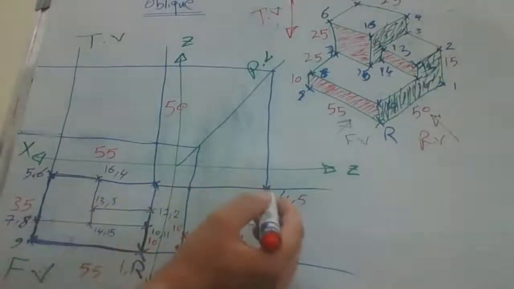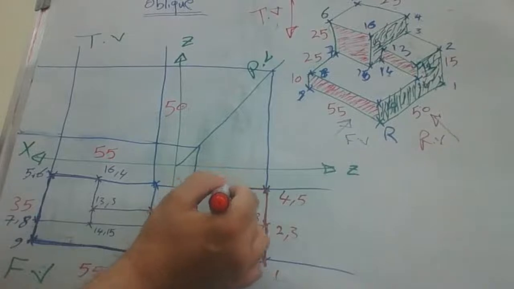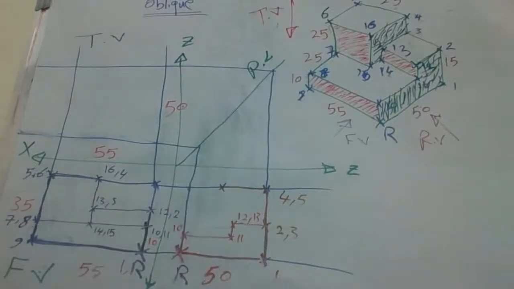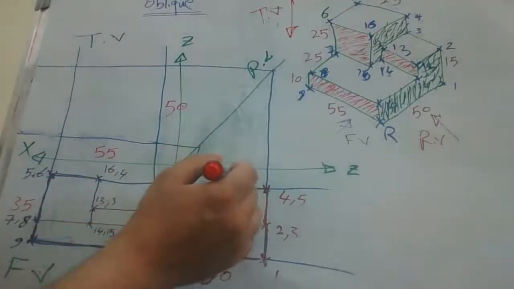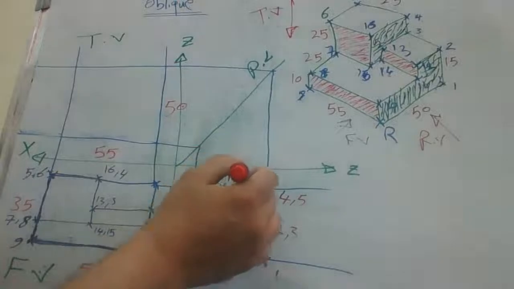Now from 4 to 16, how much? 25, sorry. From 4 to 16, 25. Now 6 behind 16.